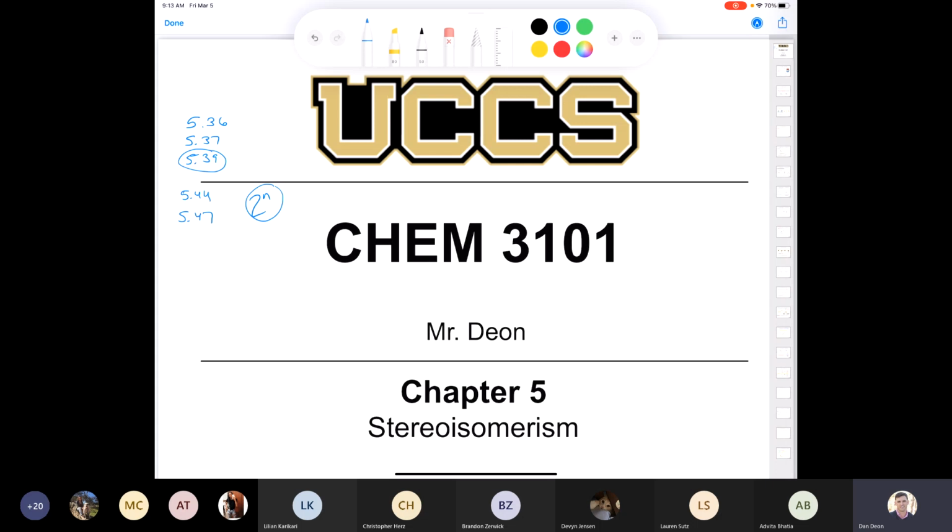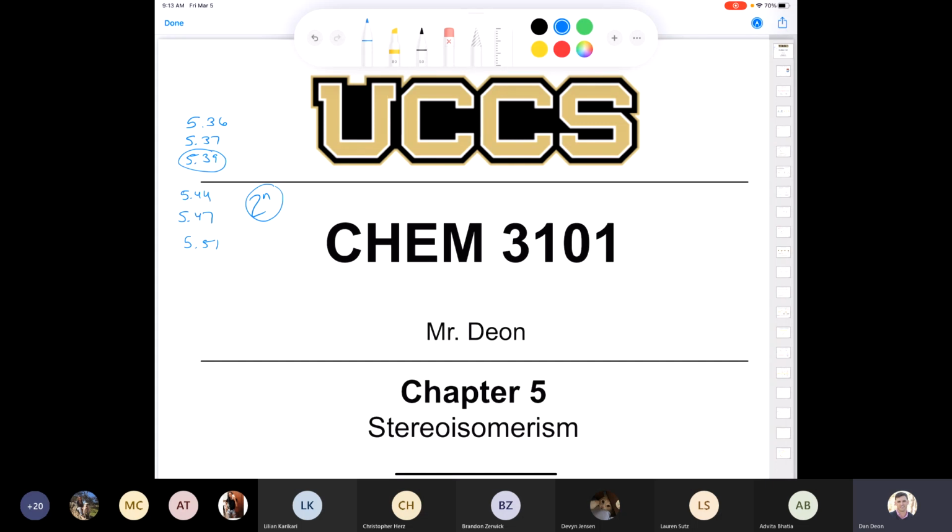So that's really important. What else? Being able to manipulate Newman projections. Newman projections could show up on the quiz. Like you see some Newman projections in question 5.51.